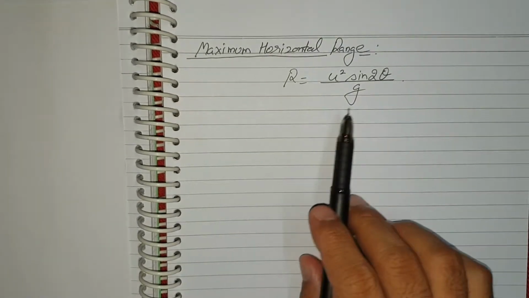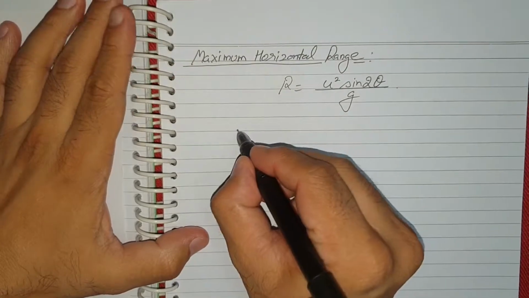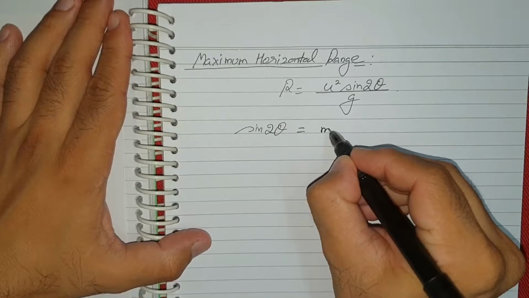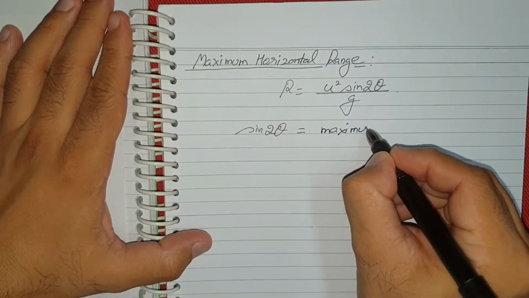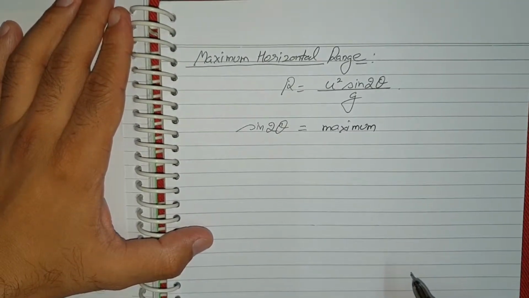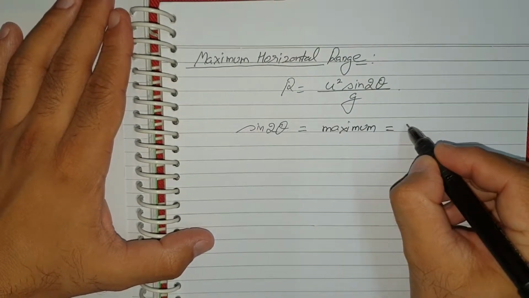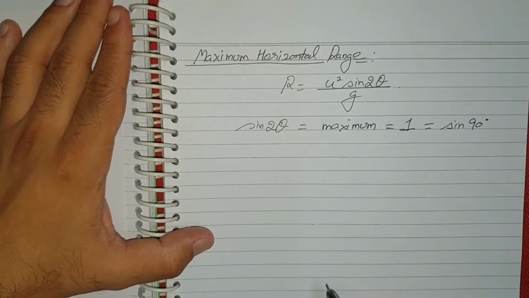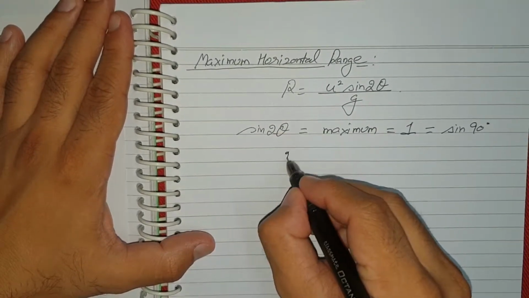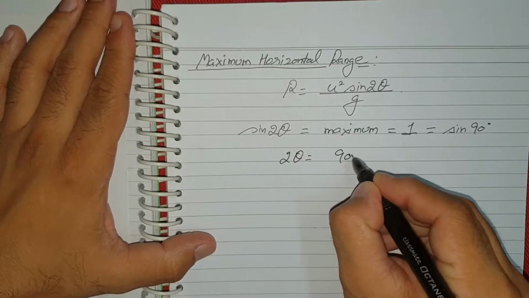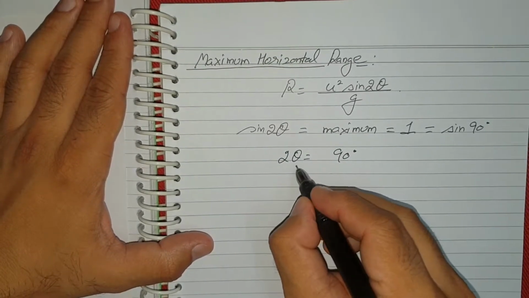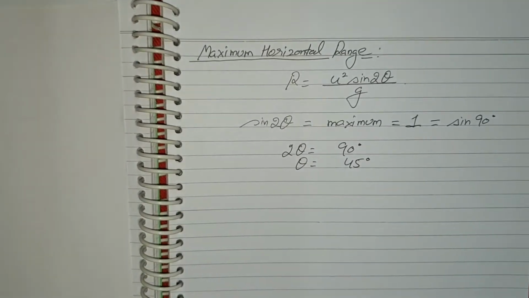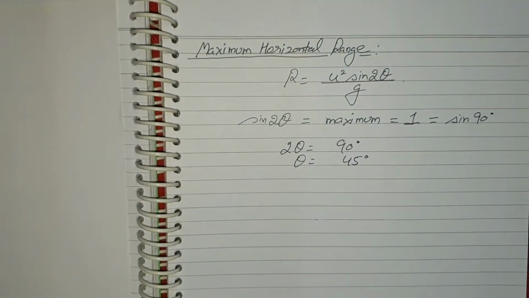Therefore, the horizontal range R will be maximum when sin 2 theta becomes maximum. Now sin is maximum at 1, and sin 90 is actually 1. So this 2 theta will become 90 degrees, so theta is actually 45 degrees. So this is the angle of projection to get the maximum horizontal range.